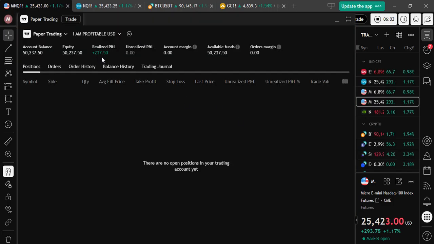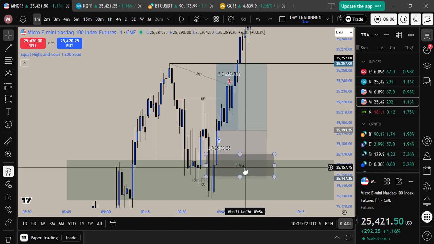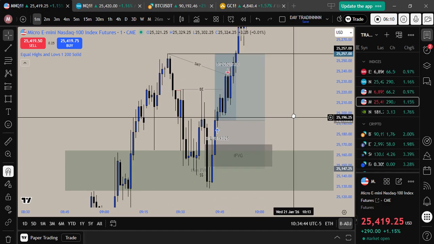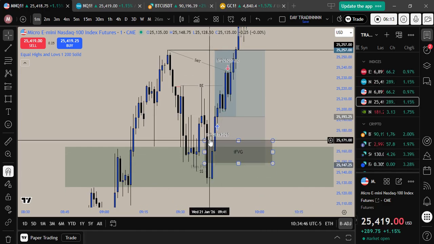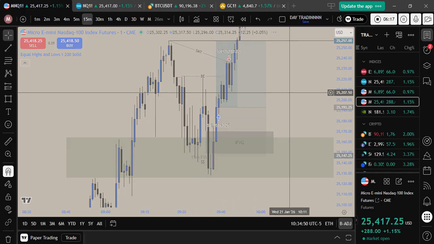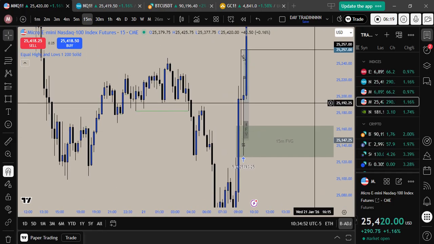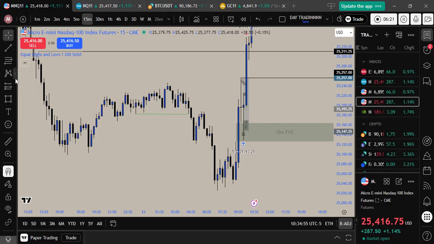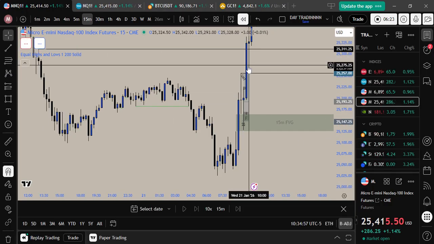I made $237 on my paper trading account, and this for me was a very good trade, A plus, because we had a singular gap, even though we didn't have clear targets. And on the 15 minute, what did we have as well?